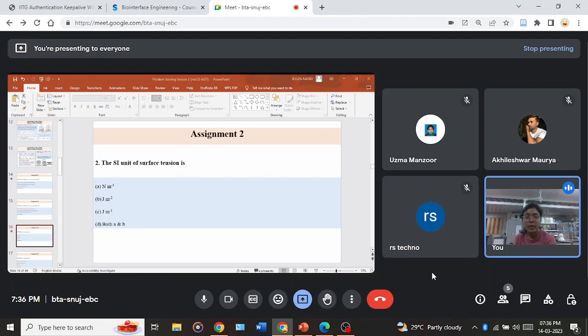I'll give you 1 minute. If you can just try to remember or recall anything about this SI unit of surface tension, or if you had solved any questions earlier.